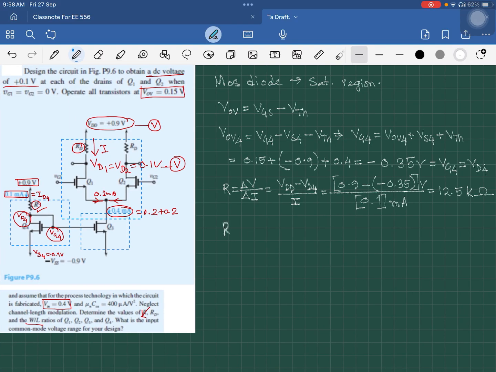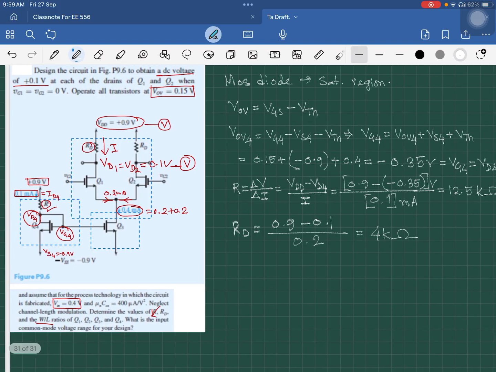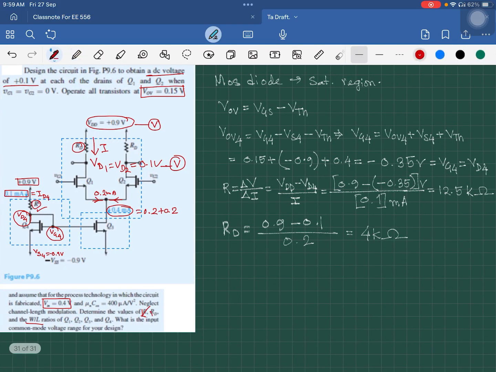Now we need to find this RD. We can find RD from VDD minus VD1 or VD2, divided by our I, that is half of 0.4, because the two sections are totally symmetrical. Our RD is the same, and V overdrive is the same. So we can find 4 kilo ohm here.